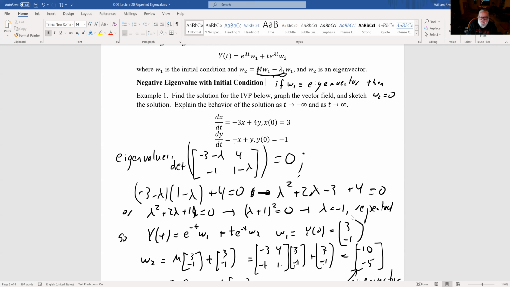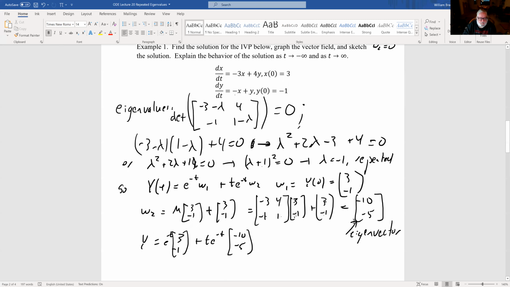Because that's what it means to be an eigenvector: M times an eigenvector equals lambda times the eigenvector. So what does that tell me about this? If I take an eigenvector for W1, then this is the solution, and this will just be 0. So the eigenvector times e to the lambda t is always a solution.